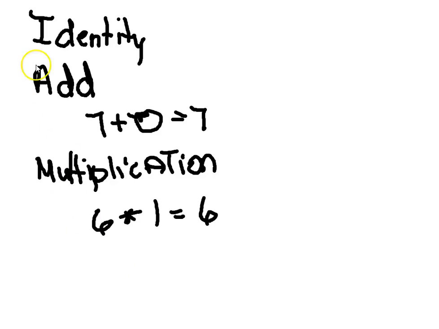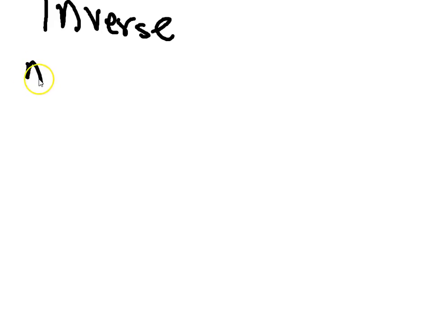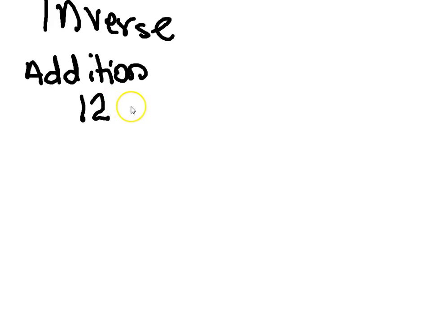Alright, so I'm going to just move on from identity. I'm going to talk about the inverse. So the inverse is sort of the opposite of the identity. So if I have, for addition, the number 12, and I subtract 12, I'm going to get 0.